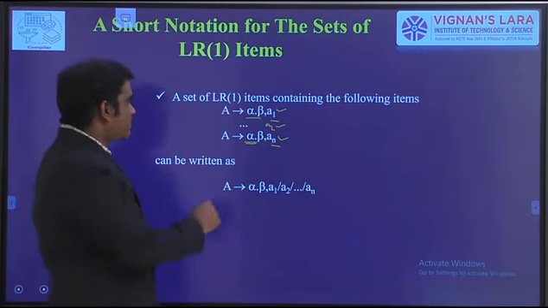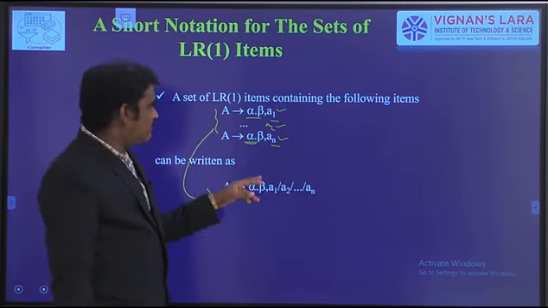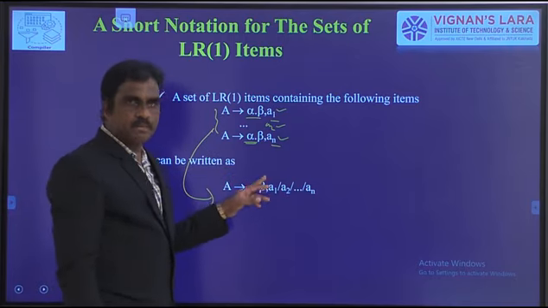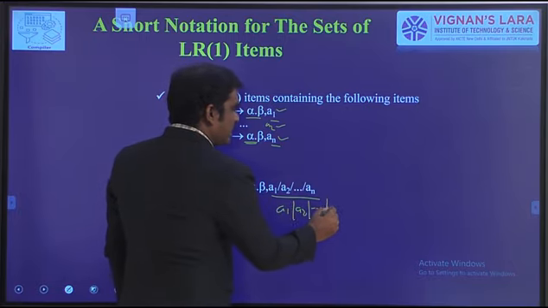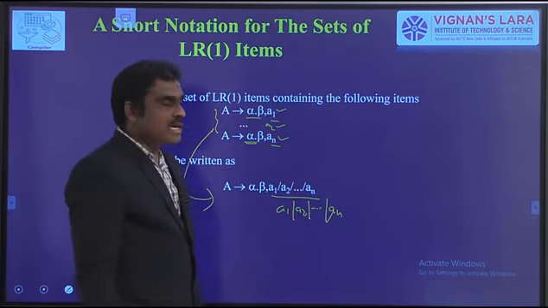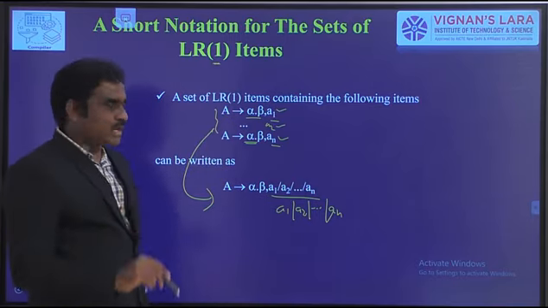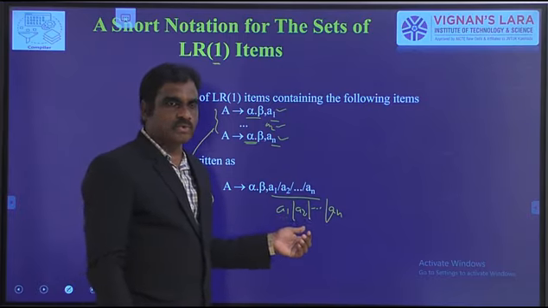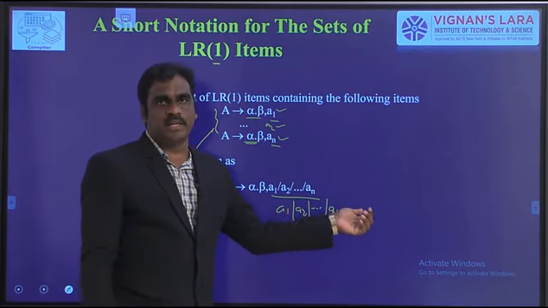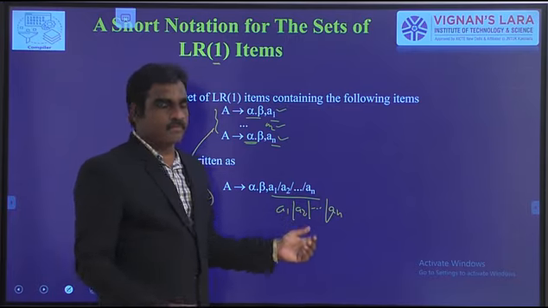Then this type of productions we can recognize like this: the first part is the same, that is A to alpha dot B, and you can write the lookahead as A1 slash A2 slash so on. Because here the length of the lookahead symbol is 1 only, we can take A1, A2, A3, like that, AN.